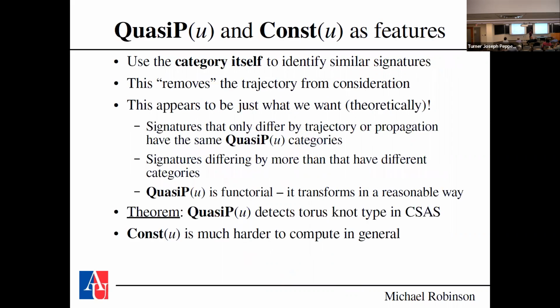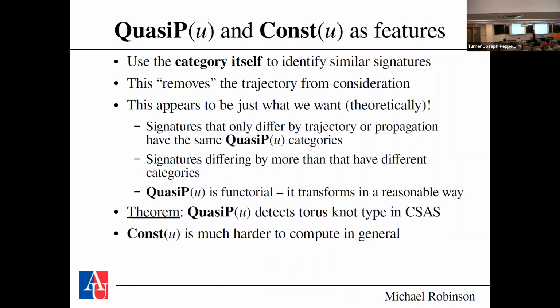Well, that's pretty cool. So a suggestion is that you can use the category itself to identify similar signatures. And effectively what this does, if you use the category as a feature, is it removes the trajectory from consideration at all.